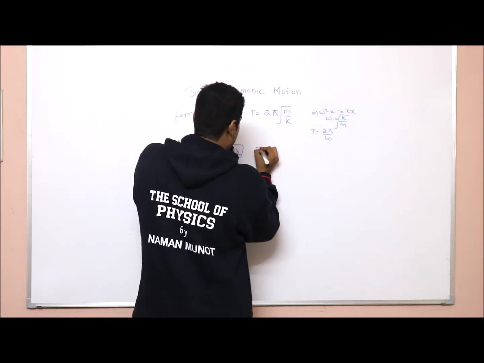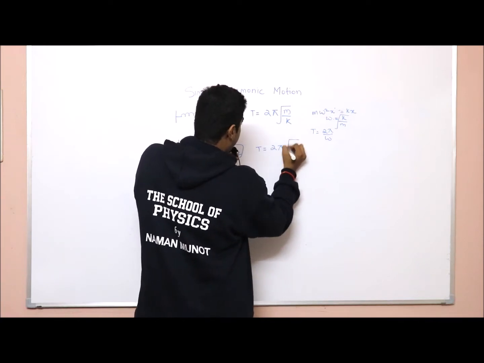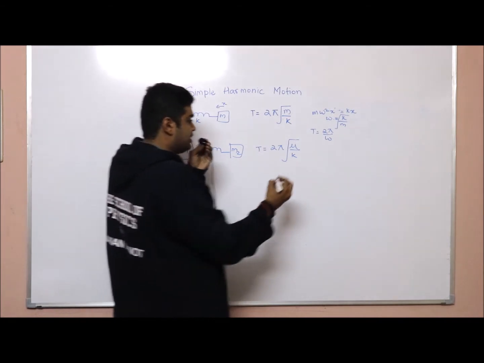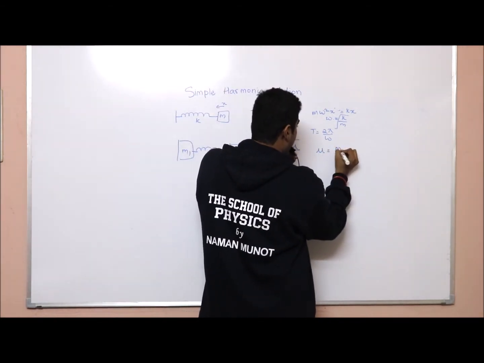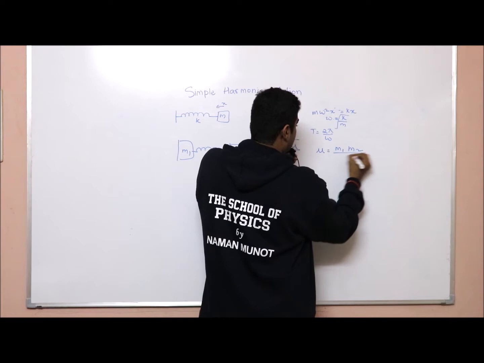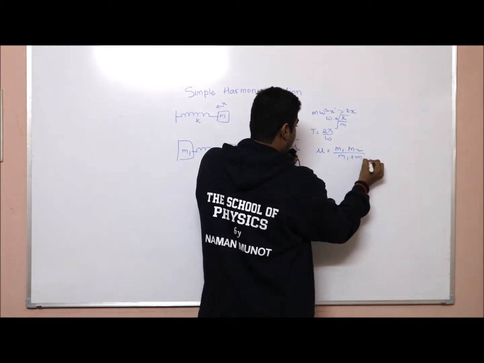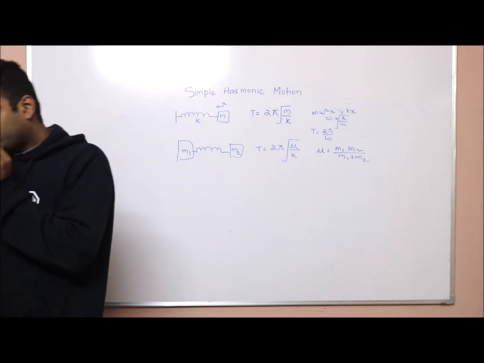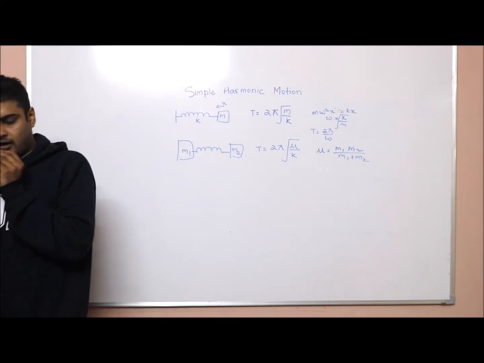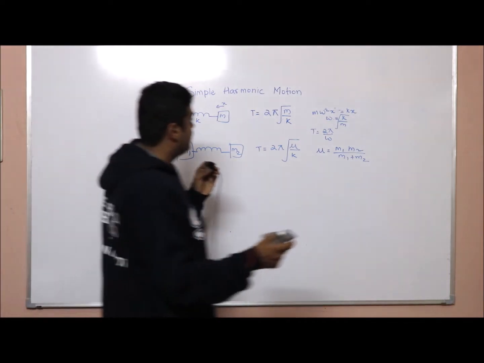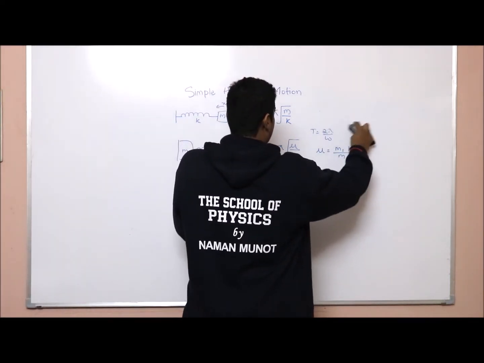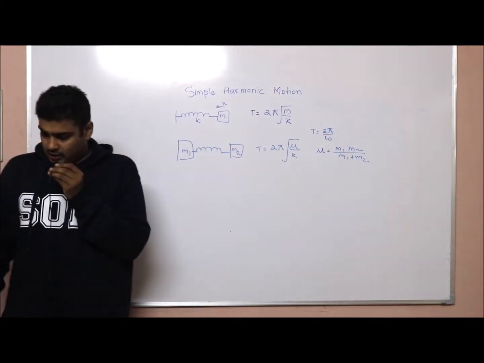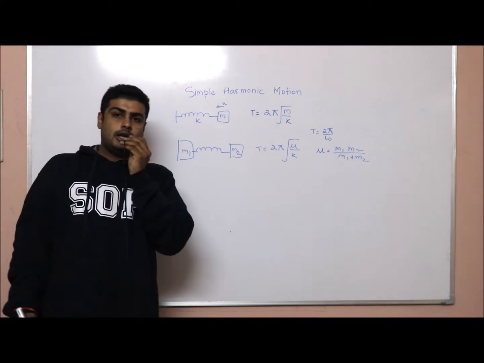The time period for this will be 2 pi under root of mu by k, where mu is the reduced mass, equal to m1 m2 upon m1 plus m2.